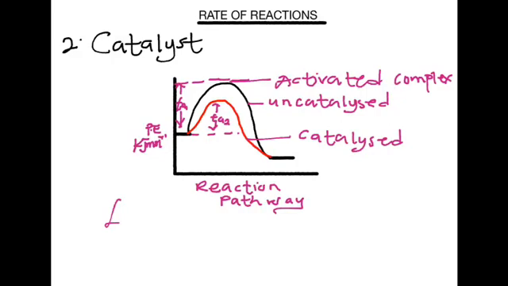EA1 is greater than EA2 because the catalyst brings about this new reaction pathway with a lower energy, which means a lot more molecules can overcome the activation energy to give us the product.